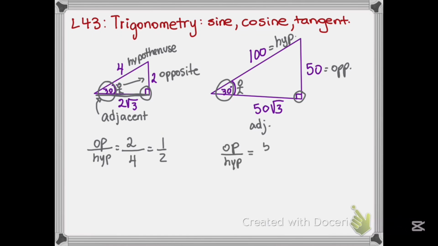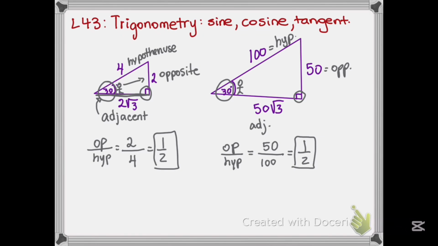Well, the opposite is 50 and the hypotenuse is 100. And if I reduce that, it's also 1/2. So notice it's the same thing. If I find the ratio of the opposite side of an angle and the hypotenuse, it is going to be the same no matter the size.